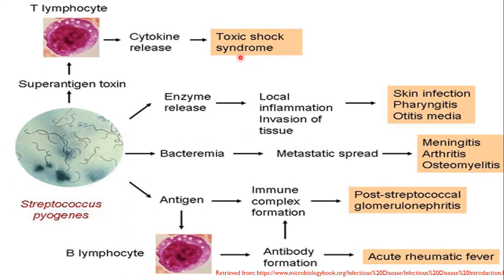Take note, it also causes toxic shock syndrome. Remember, the organism under the Staphylococcus genus which causes toxic shock is Staphylococcus aureus, and that is basically due to what toxin again? The TSST-1. If you can still recall, go back to that table.